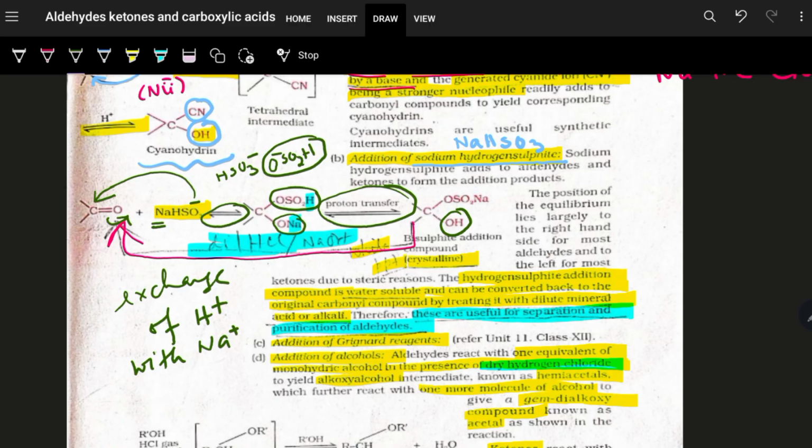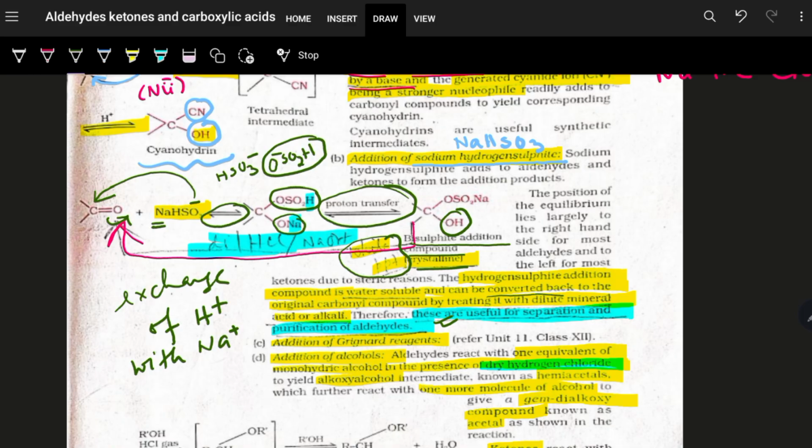So this is the bisulfite addition product, which forms a white precipitate which is crystalline in nature. And so this can be used as a test for carbonyl as well. Now please remember, this is useful for the separation and purification of aldehyde. Why?